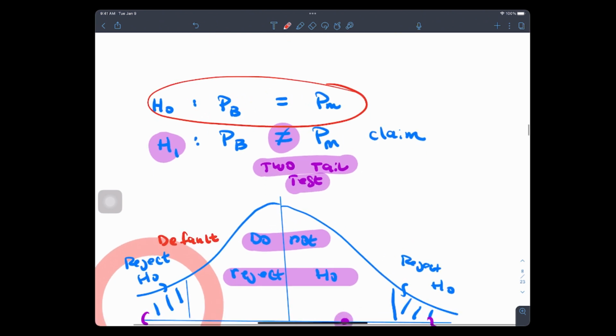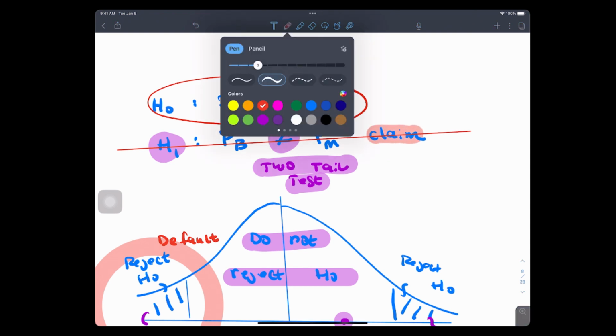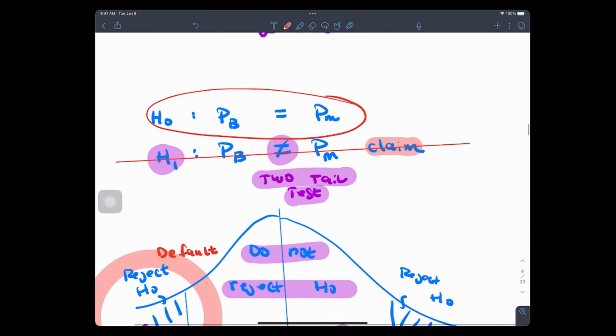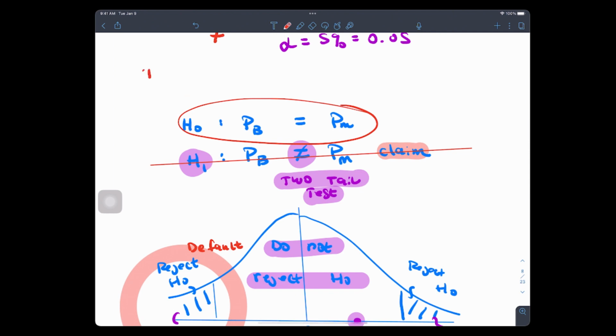But you're not going to cheat. You can only have one. What did you just do? If you accepted the null, you rejected the alternate. What did the alternate happen to be? The claim. So what do you say?